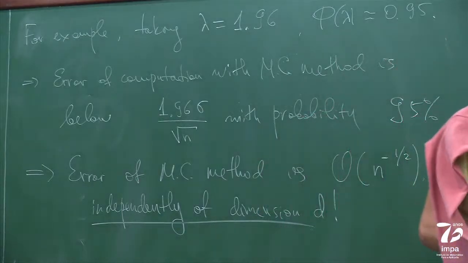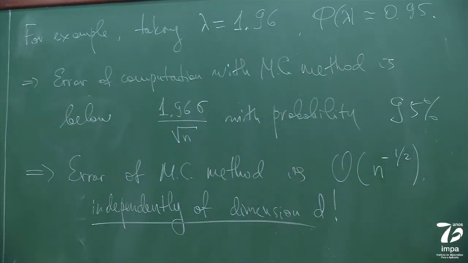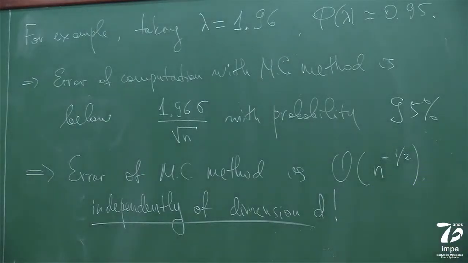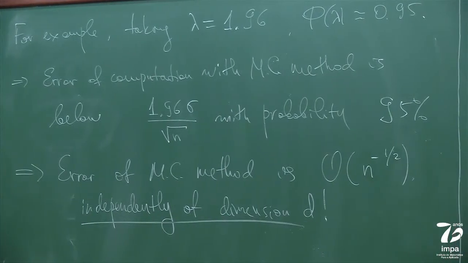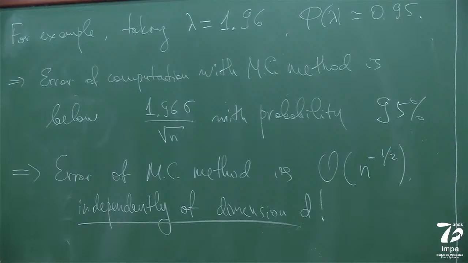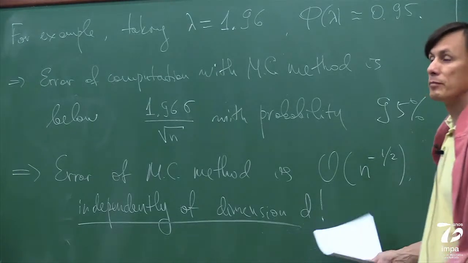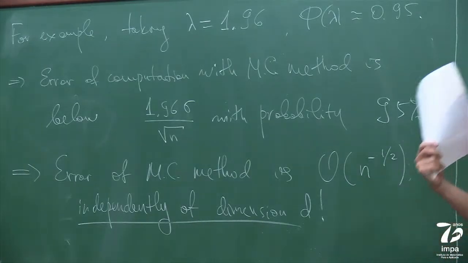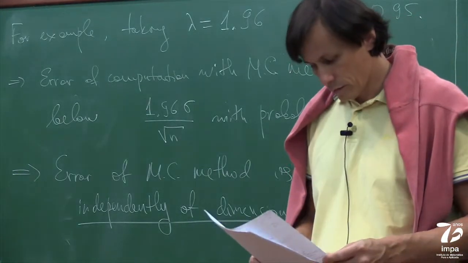So on the one hand, it's a rather low order method, just one half, instead of order 2, 4, and 5 that we could do with quadratures. But on the other hand, it does not depend on dimension. So there is this trade-off. We will see it after the break.